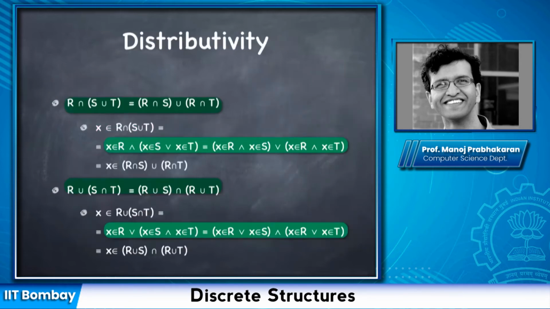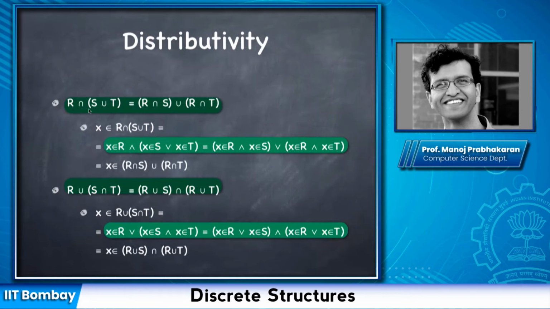Another property that we have seen in propositional calculus that directly translates to set operations is distributivity. So we saw that and distributes over or, and or distributes over and. The consequence for set operations is that intersection distributes over union.